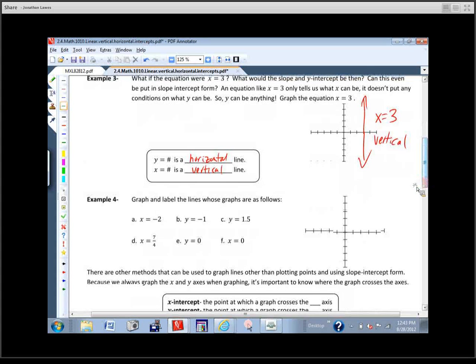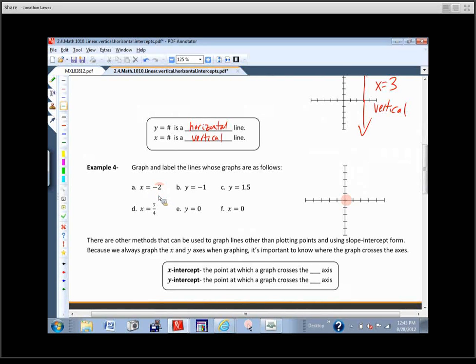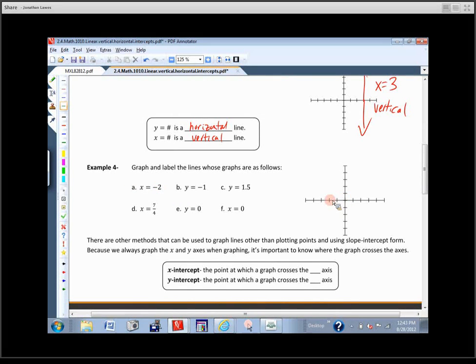So, quick examples here. If I say x equals 2, that's vertical. Sorry, x equals negative 2. Go to negative 2, go as far up or down as you want, so that's x equals negative 2. If I have y equals negative 1, the y coordinate has to be negative 1. Looks like this. Y equals negative 1. Y equals 1.5.